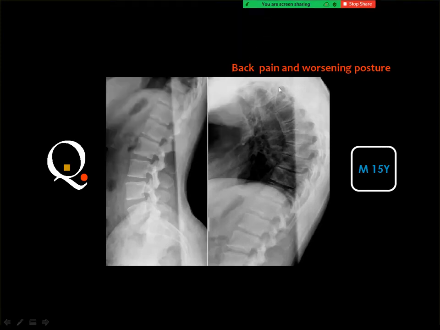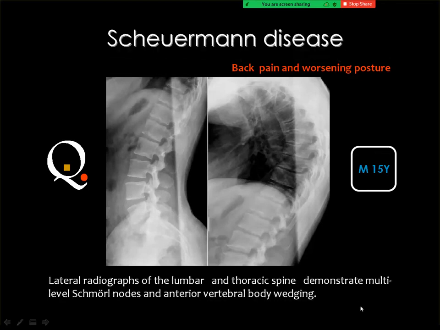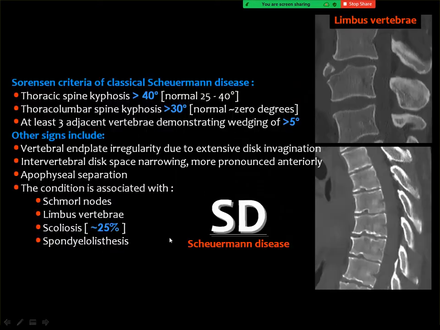And Scheuermann disease is also known as adolescent kyphosis. You got some kyphotic deformity in the adolescent age, and of course you have many of the criteria to support the diagnosis of the disease. These are known as Sorensen criteria for diagnosis of Scheuermann disease.